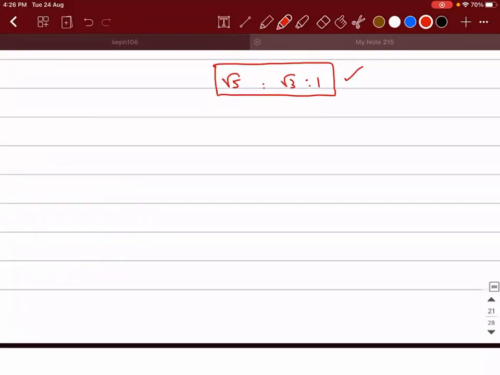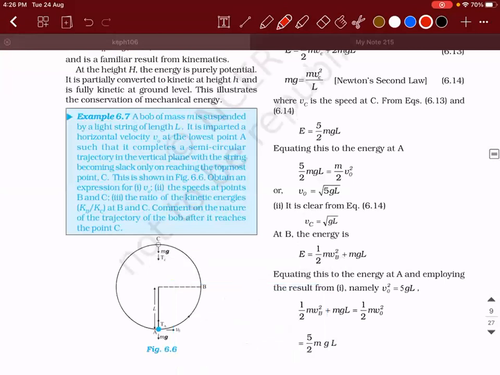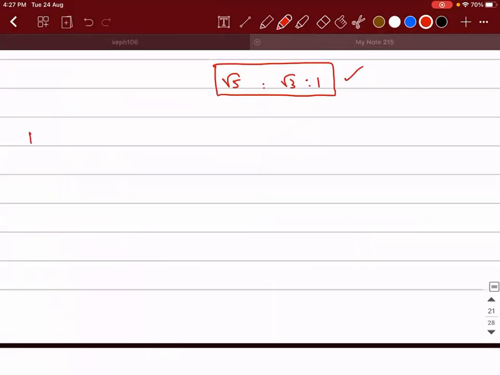Now, what else did they ask in the question? They asked what is V naught, the speed at points B and C, the ratio of kinetic energies at B and C. So how to find the ratio of kinetic energy at B and C? KB divided by KC is half into M into VB square by half into M into VC square.